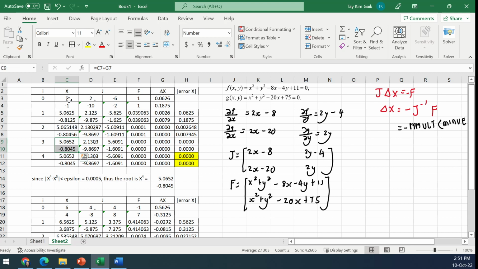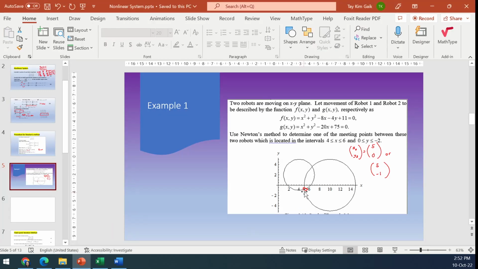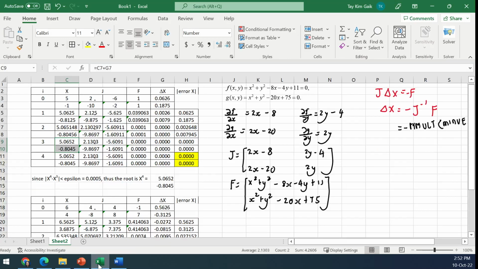That's why different initial guesses may give a different number of iterations. If you use negative 1, because negative 1 is closer to the root, I think, instead of 0, that's why 0 takes one more iteration. You put negative 1, then at step number 3 you find the solution.